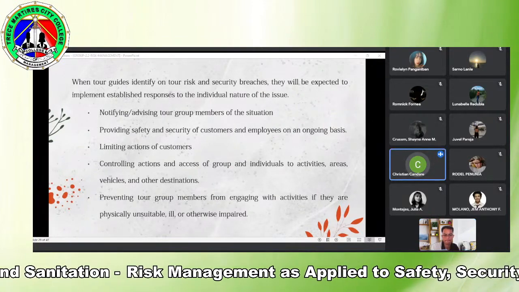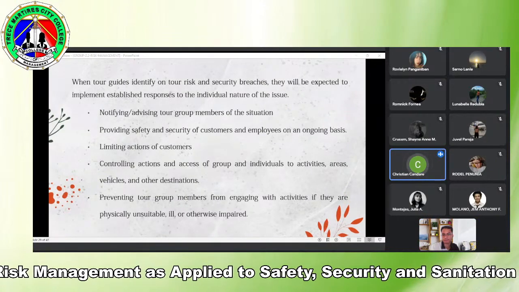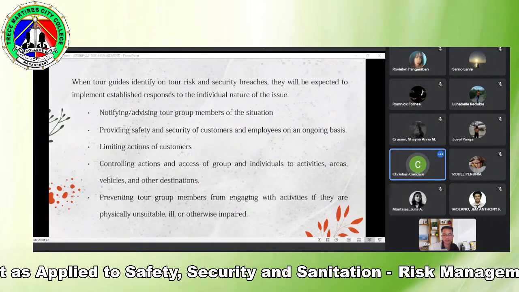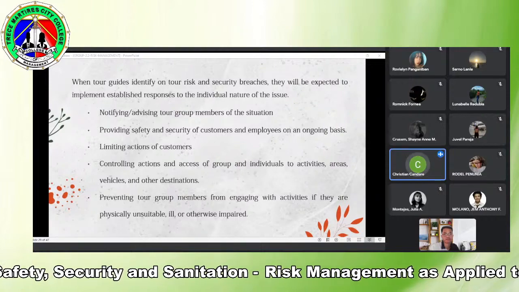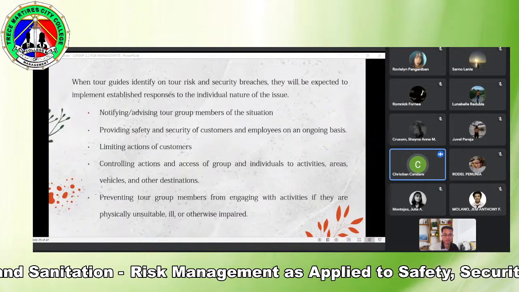When tour guides identify on tour risk and security breaches, they will be expected to implement established responses to the individual nature of the issue. First is notifying or advising tour group members of the situation.